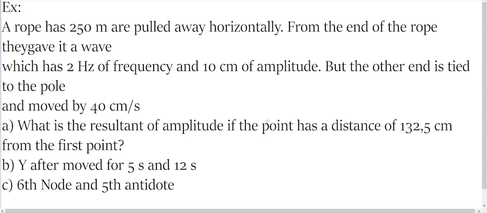Question A: what is the resultant of the amplitude if the point is at a distance of 132.5 centimeters from the first point of the wave? Second, what are the y's if the rope is waved for 5 seconds and 12 seconds? And third, what are the positions of the 6th node and the 5th antinode?